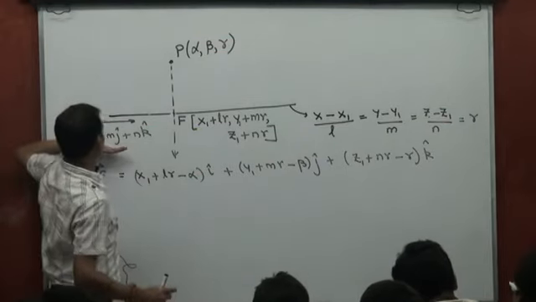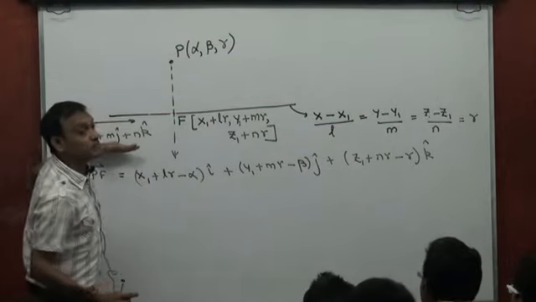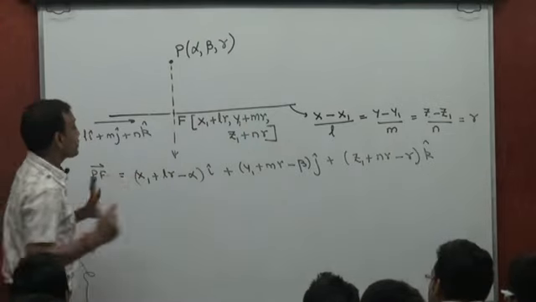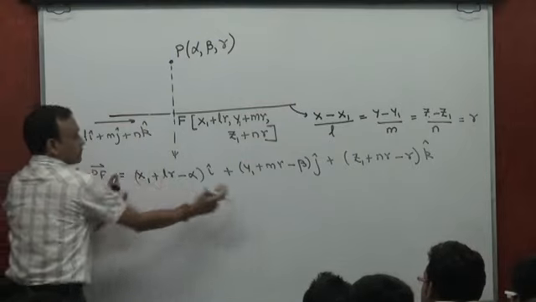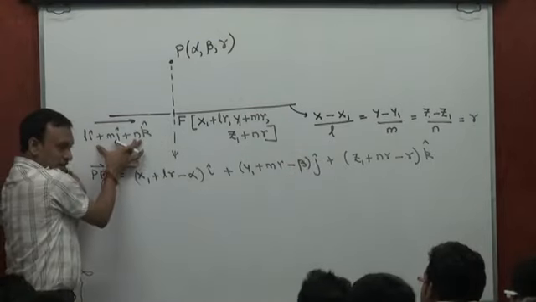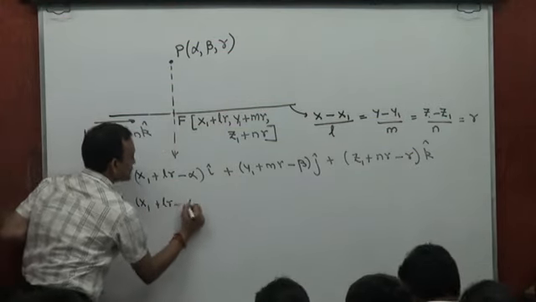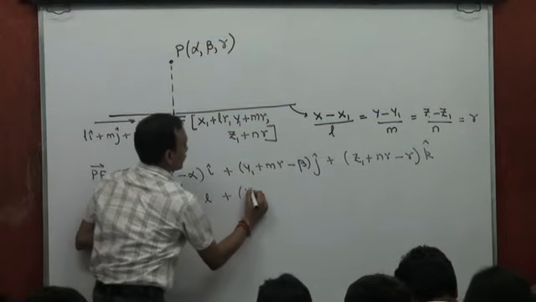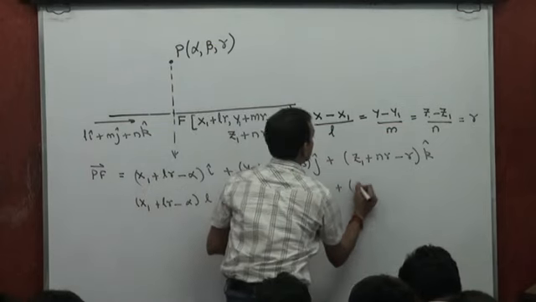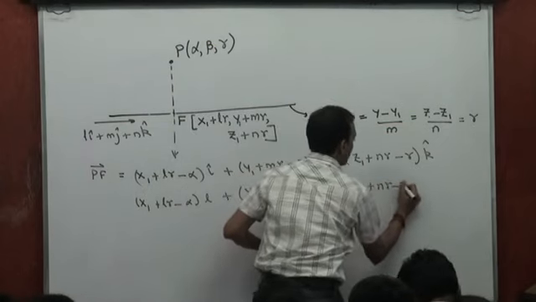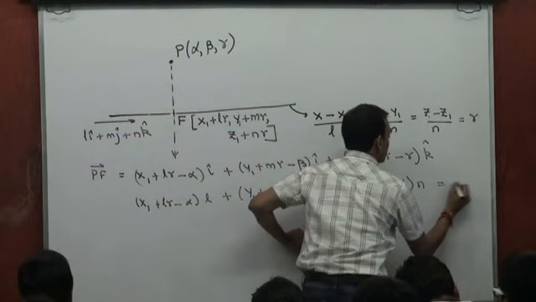If PF is perpendicular to the line, it's perpendicular to li plus mj plus nk. That means PF dot (li plus mj plus nk) must be 0. So this vector dot (li plus mj plus nk) is 0, which gives me (x1 plus lr minus alpha) into l plus (y1 plus mr minus beta) into m plus (z1 plus nr minus gamma) into n equals 0.